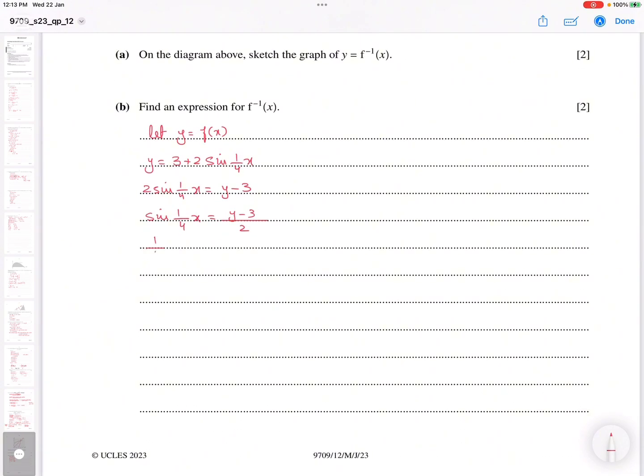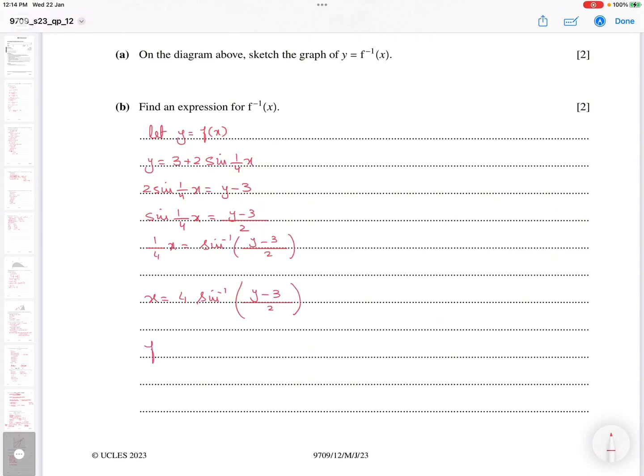Now 1 over 4x is equal to sine inverse of y minus 3 over 2. Now x is equal to 4 sine inverse of y minus 3 over 2.